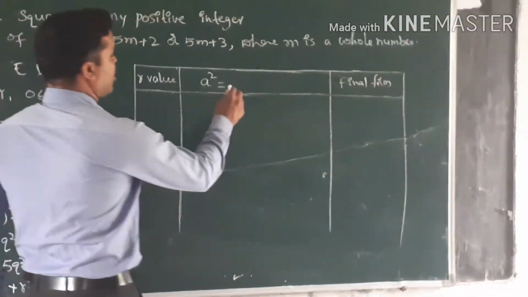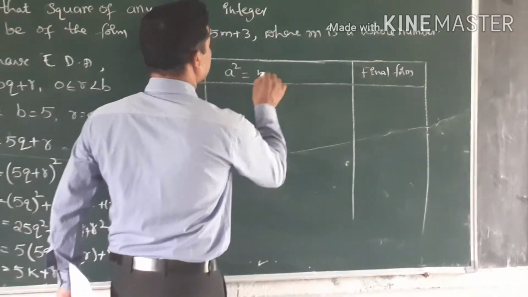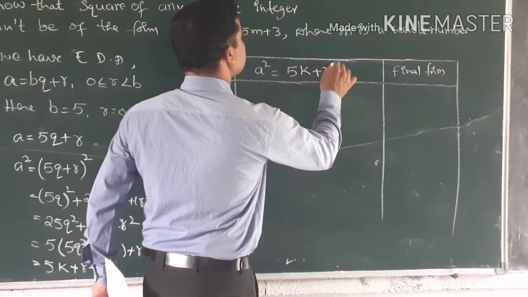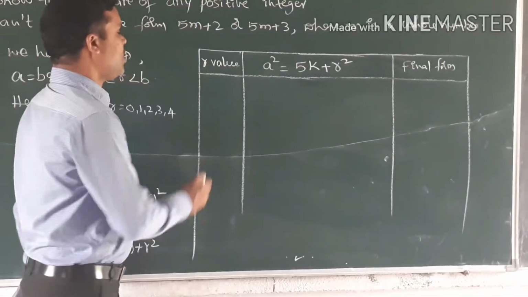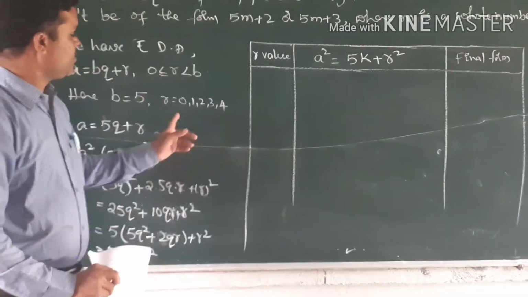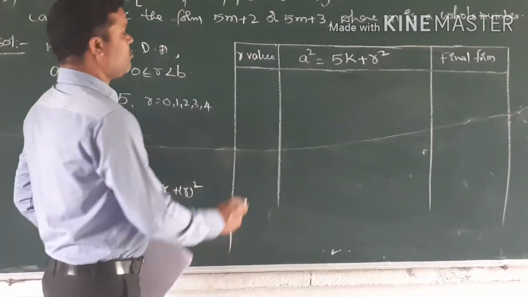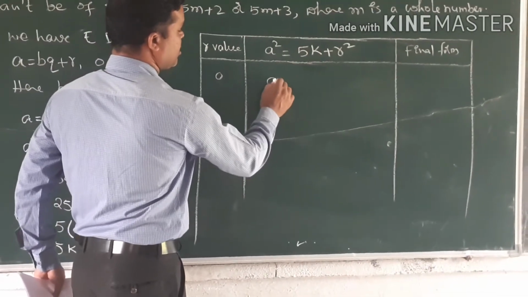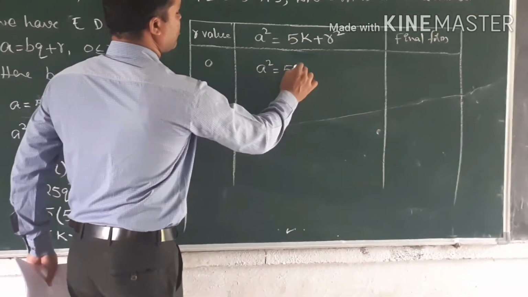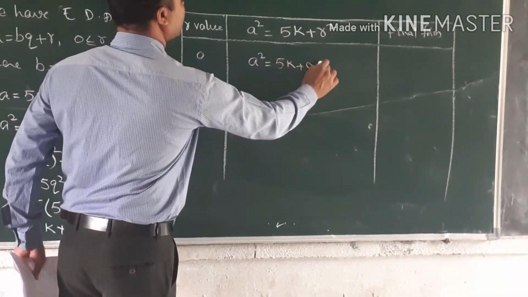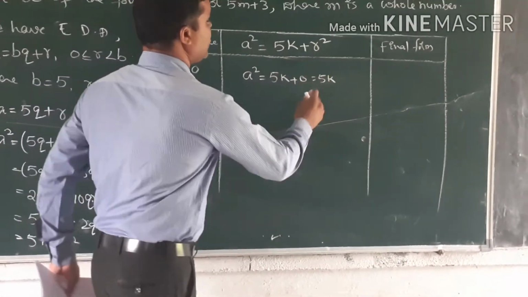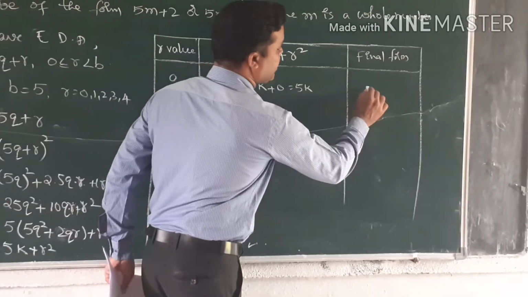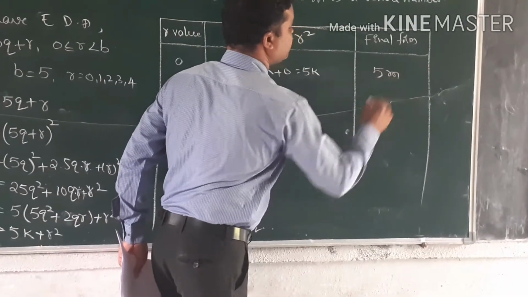So a square is equal to 5k plus r square, where the r values are 0, 1, 2, 3, 4. Now r value is 0. Put in the above formula, a square is equal to 5k plus 0, which is 5k. In the final form, instead of k you can take 5m.